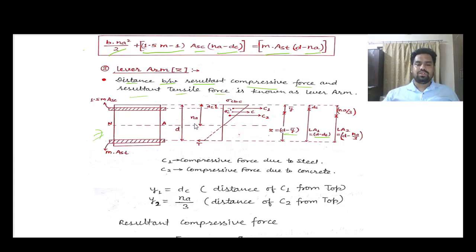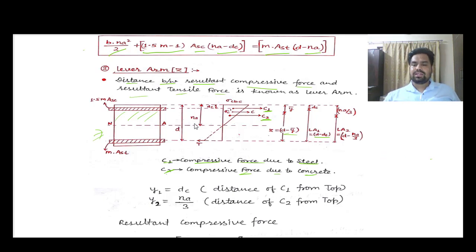So there are two forces which are acting. First is C1 and second is C2. C1 is the compression force due to steel provided at the compression zone, and C2 is the compressive force due to concrete because there is concrete also. So the total force above the neutral axis will be C1 plus C2.